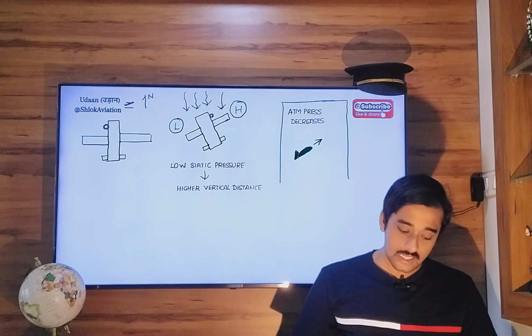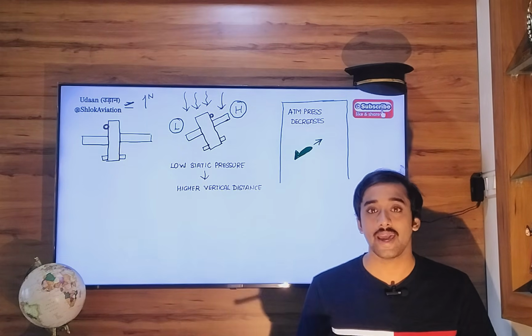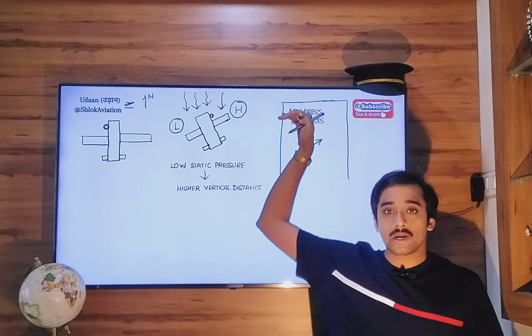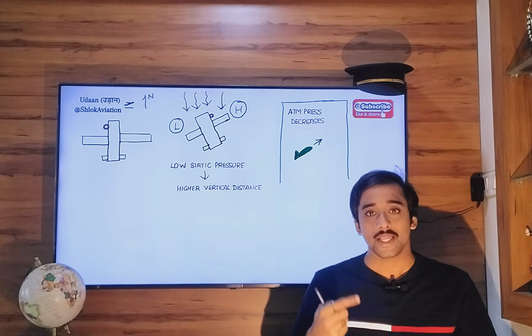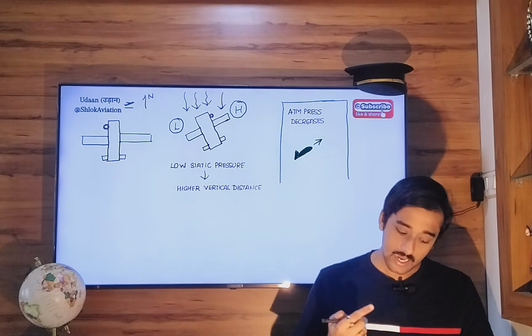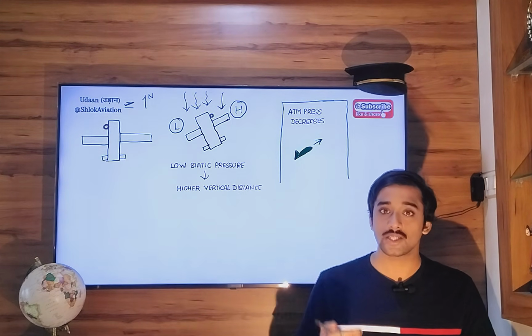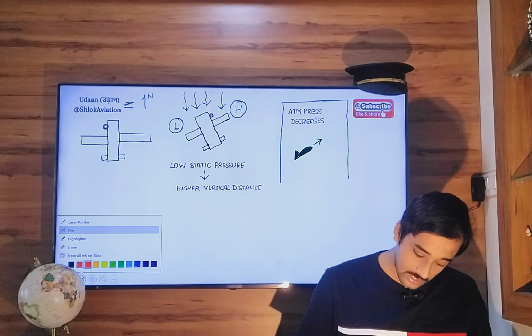So now what happens when you experience higher pressures? When do you experience higher static pressures? When your aircraft descends from high altitudes to lower altitudes. As you come closer and closer to the ground, the atmospheric pressure starts increasing because of gravity. So this higher static pressure is interpreted as lower vertical distance. So what will be the net result over here?